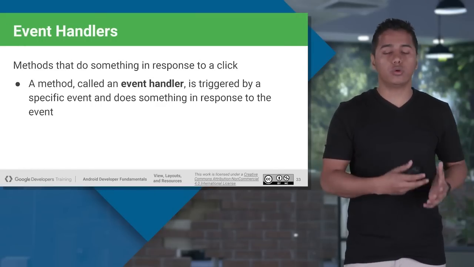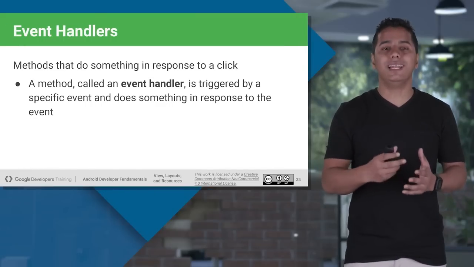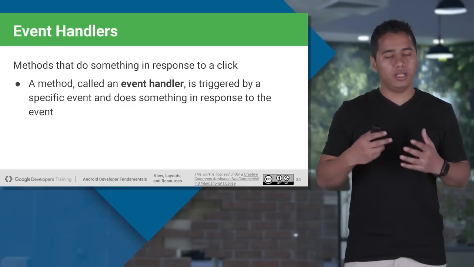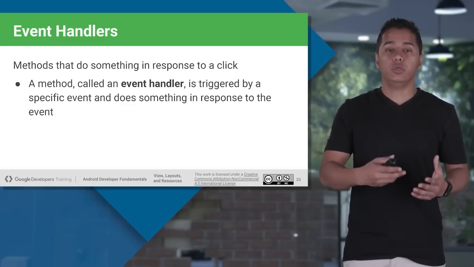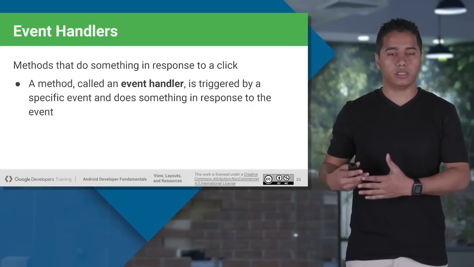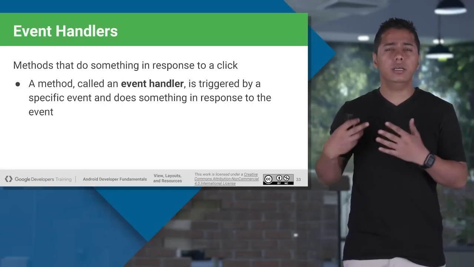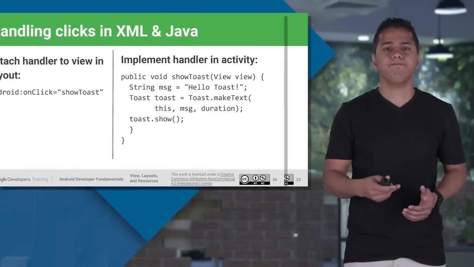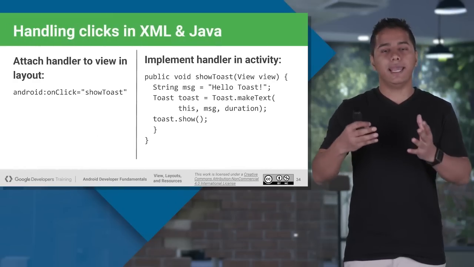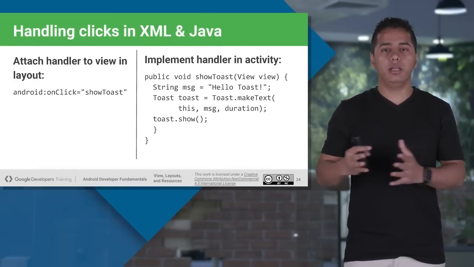To listen for those events, you need listeners. Once an event has been heard by an event listener, you need handlers to handle it. A handler is basically a method which is defined inside your event listener. To handle click events in Android, there are two ways, XML and Java.